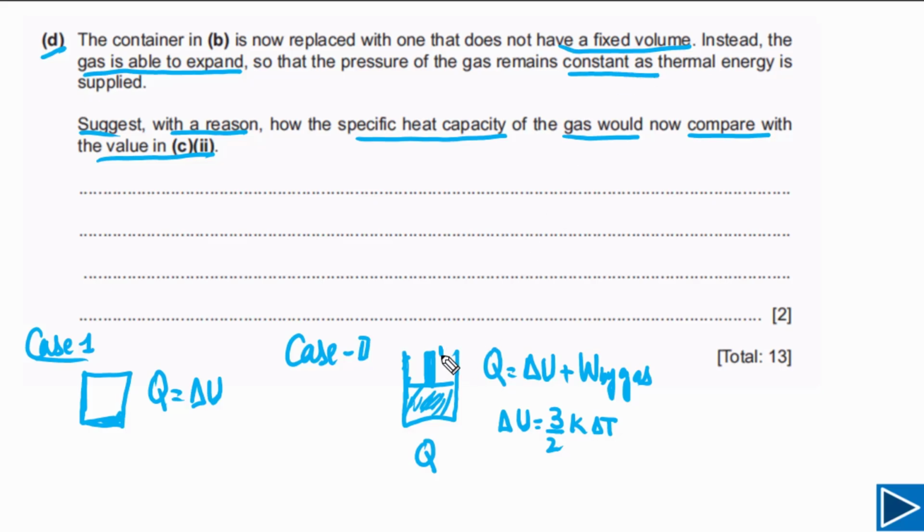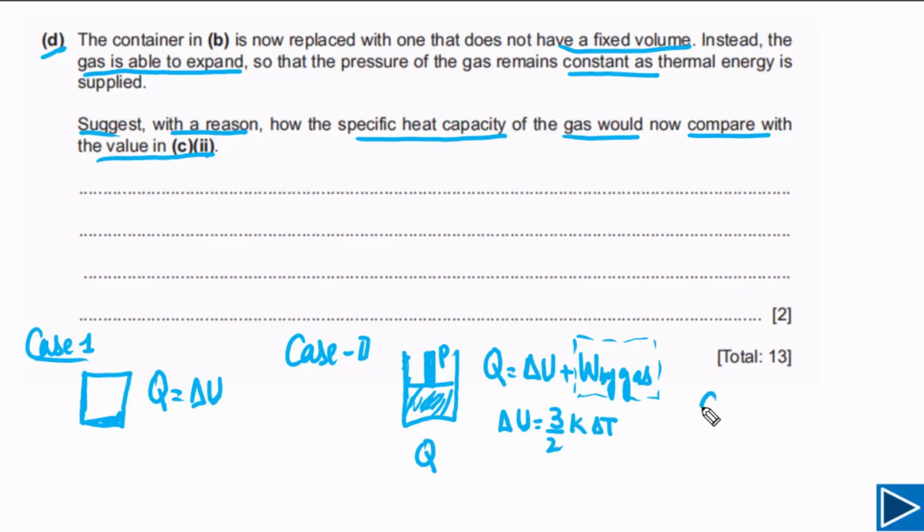So P, the pressure of the gas, remains constant and will be equal to the atmosphere. So this gas will go on expanding. If we want the same rise in temperature, Q has to be greater by this amount.